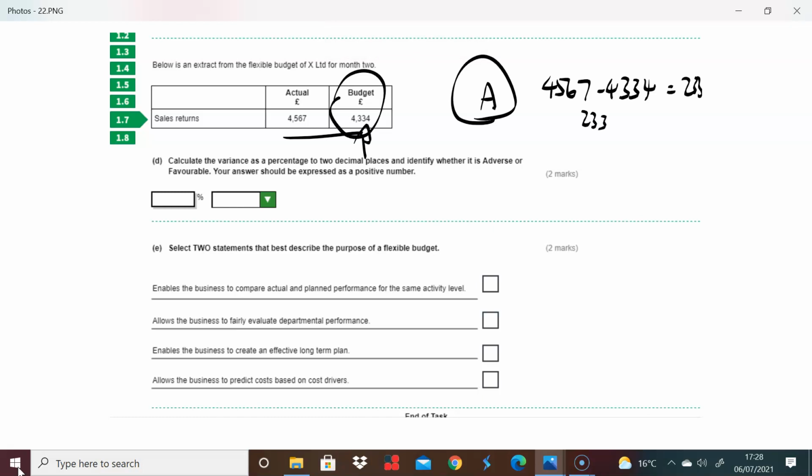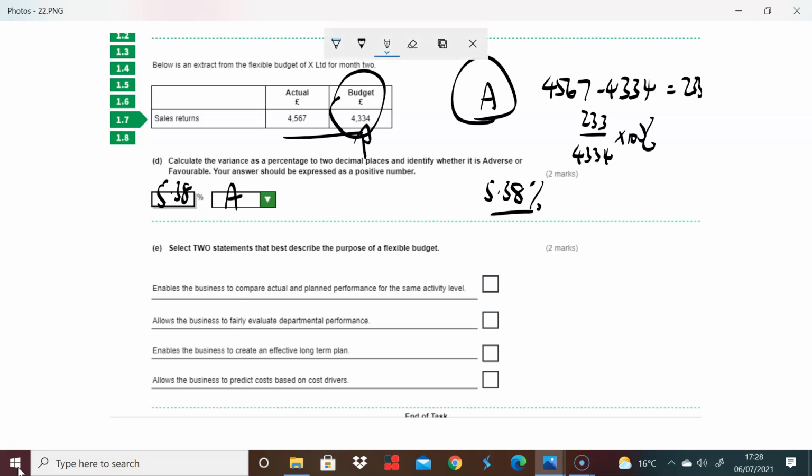So 233 divided by 4334 times 100%. And what we see there is a percentage of 5.38%. So that's 5.38, and that's adverse, right?